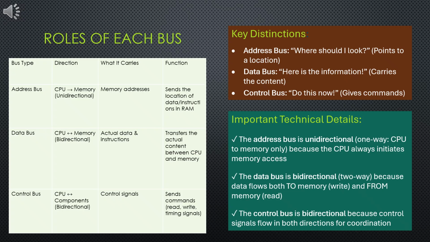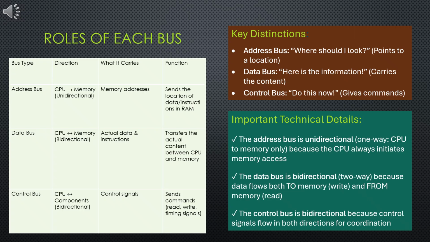Now for the important technical details regarding directionality. The address bus is unidirectional, one way, from CPU to memory only, because the CPU is always the component that initiates a memory access.